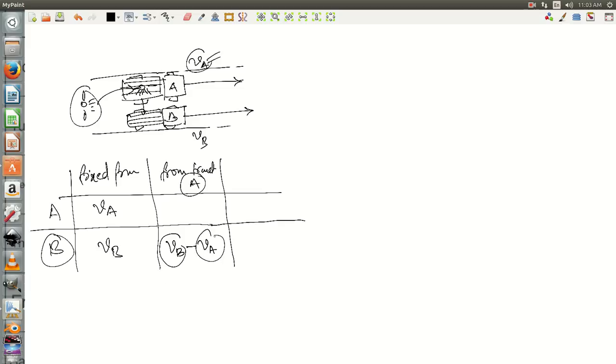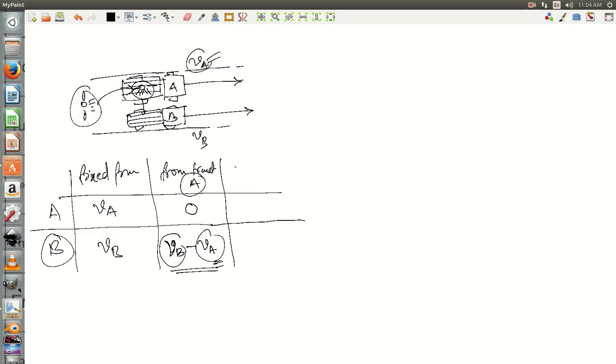Why? Because we are on the truck A and it is also moving with the velocity Va, so that amount of velocity has to be reduced from the velocity of the truck B. Then only the actual velocity that we'll observe when we are on the truck A is Vb minus Va. And since we are on the truck A itself, the velocity of the truck A will appear to be 0.